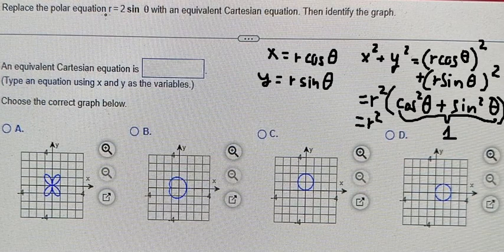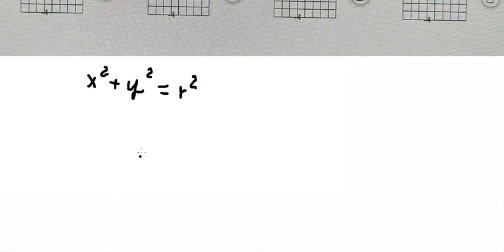And now we have this one. We have R multiplied by 2 sine theta, because this one is about R, so that's why I convert 1 unit of R into this one.